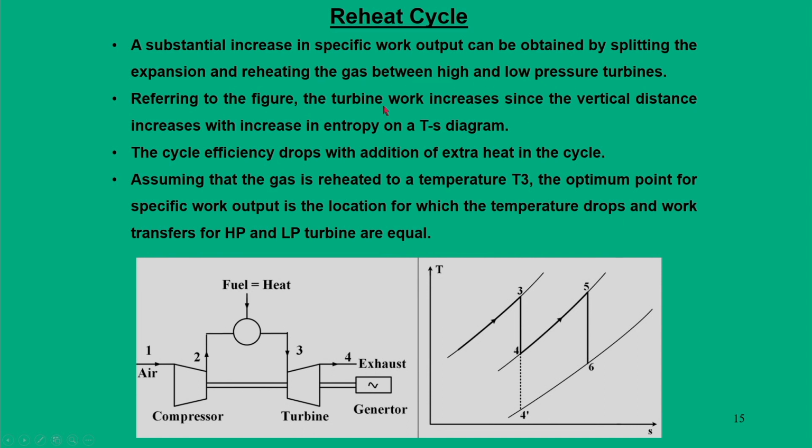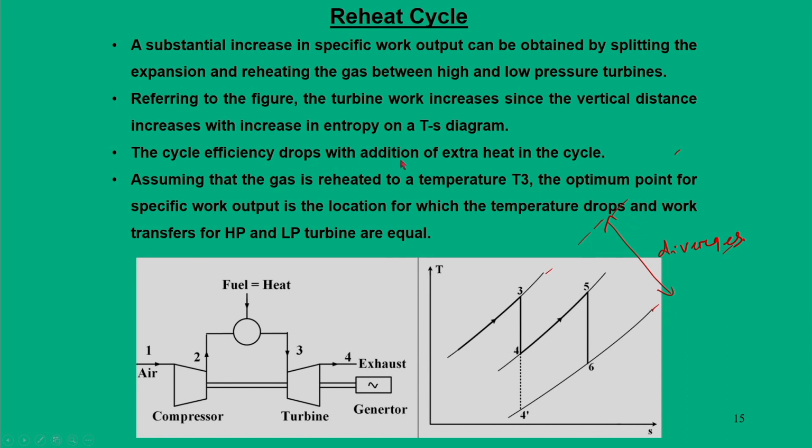Because of this, turbine work increases, since the vertical distance increases with increase in entropy in a TS diagram; as you go further in the TS diagram, this gap diverges. So we can say that turbine work increases because the vertical distance increases.